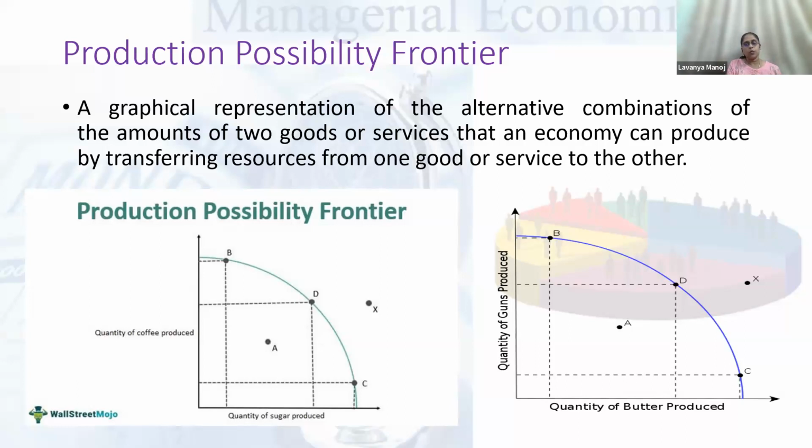If people are consuming coffee or tea on a daily basis, obviously they will be using sugar. And vice versa, if they are using milk powder, obviously they'll be using sugar. So production of one particular product obviously leads to the production of another product.